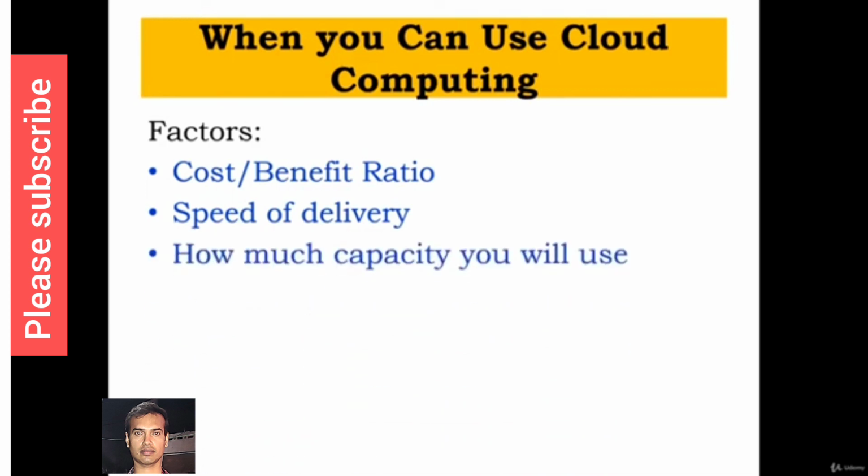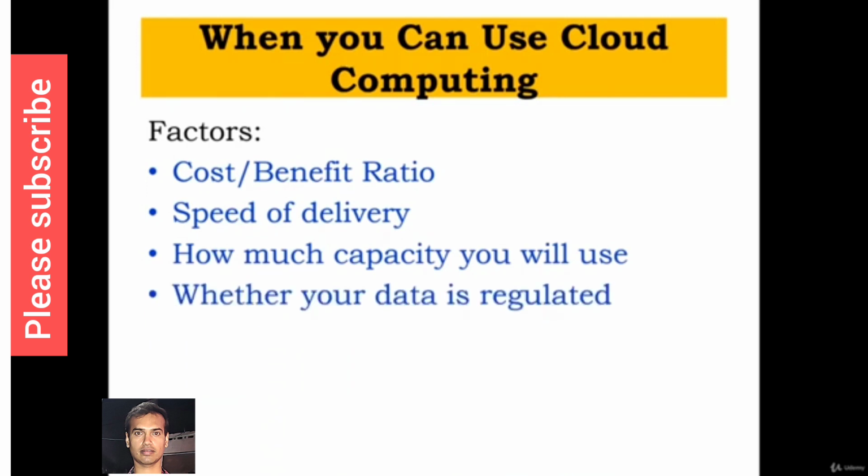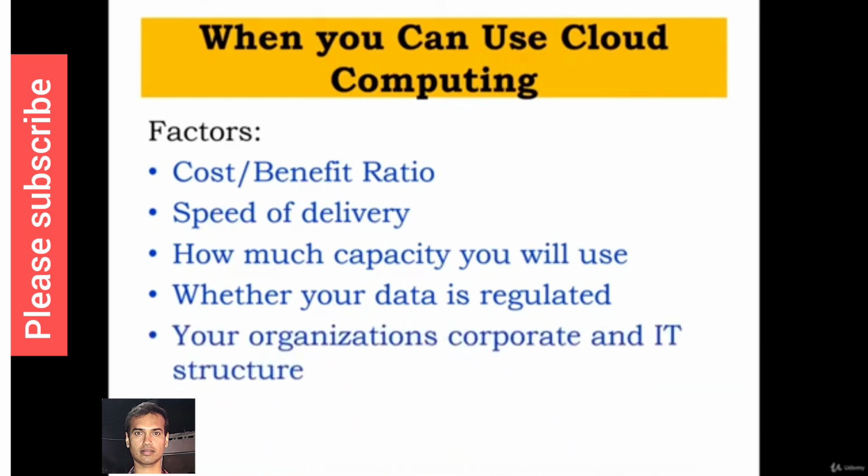Third, they have to look at how much capacity you will use. The fourth factor to be taken into consideration is whether your organization is regulated or not. And the fifth factor is your organization's corporate and IT structure. By considering these factors, one should decide on using cloud computing.